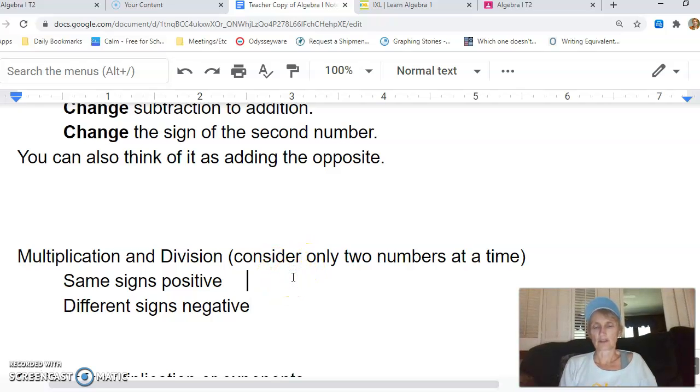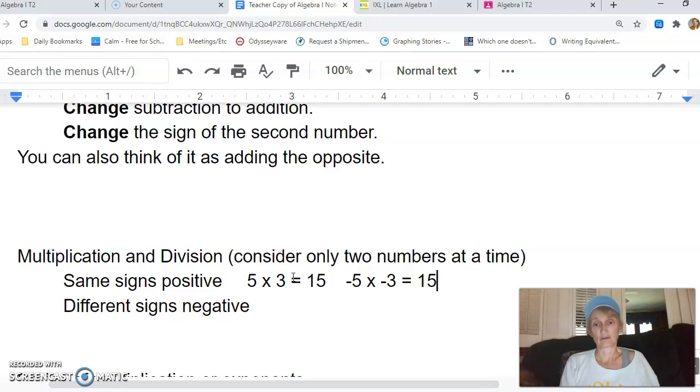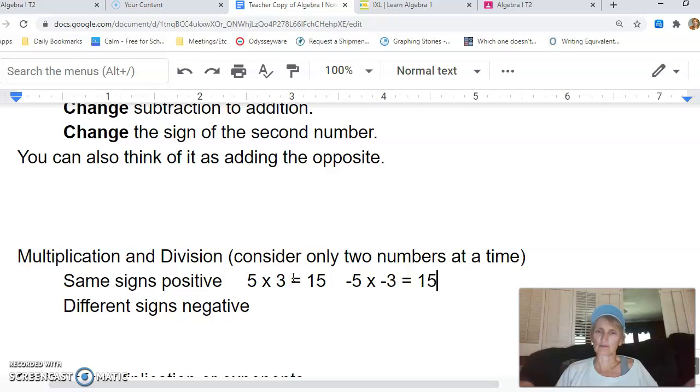So for instance, of course, 5 times 3 is 15, but also negative 5 times negative 3 is also positive 15. We don't need to write negative negative 15, which would mean the opposite of negative 15, which would take us back to positive 15.